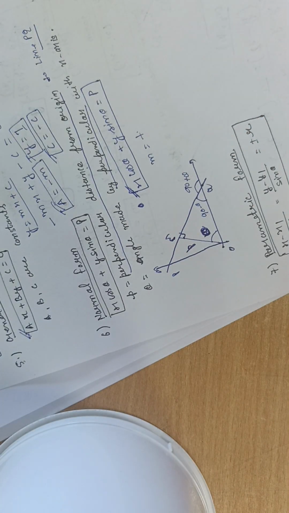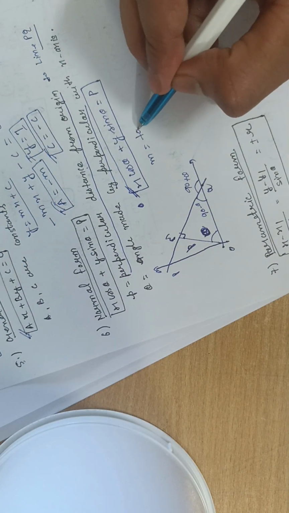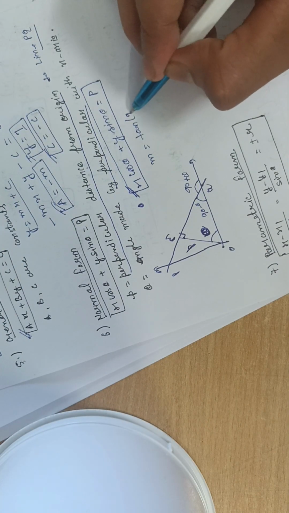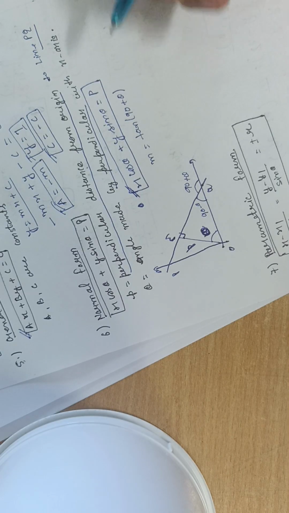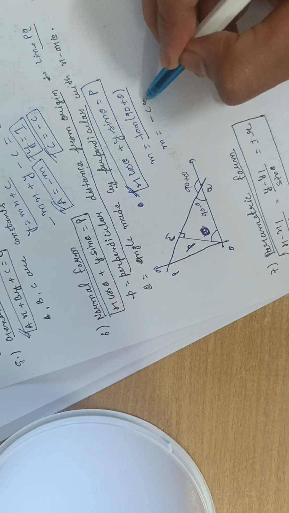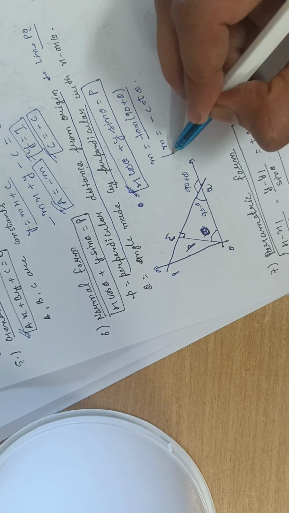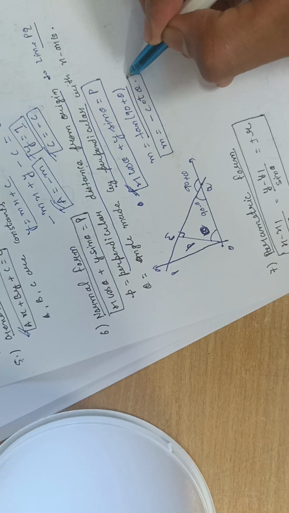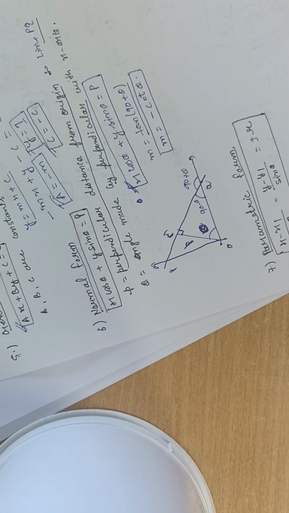To determine the equation of any line, first you have to determine the slope of the line. As in the above derivation, I will follow the same approach. This will be written as minus cot theta. This is the slope of the line.